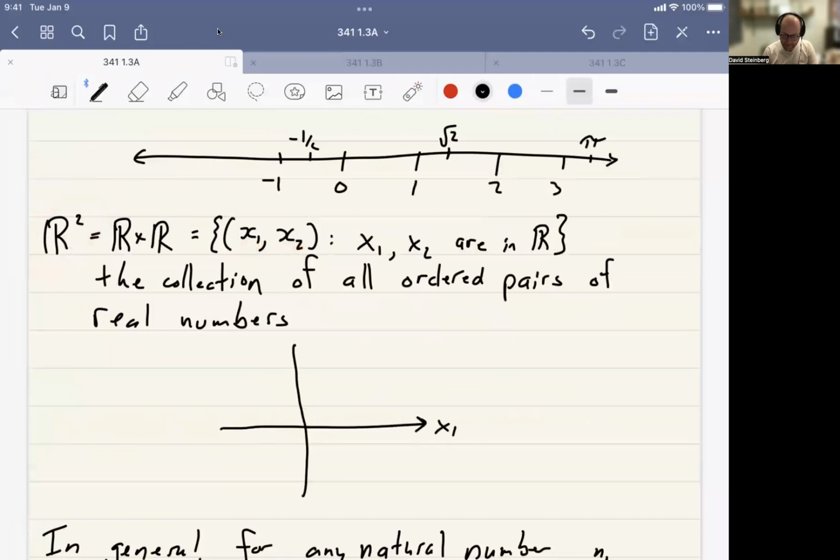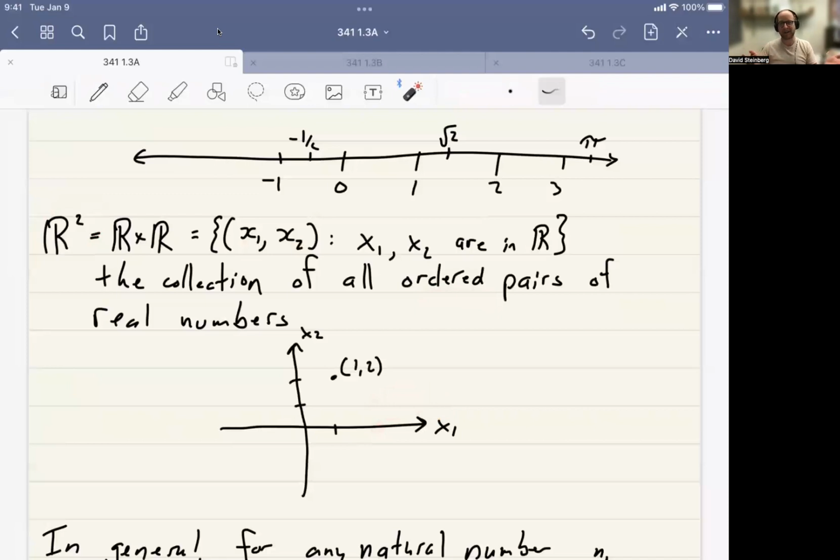So our x1 axis, our x2 axis, and the point 1, 2 is represented by the ordered pair over 1, up 2. Where again, of course, with ordered pairs, the order matters, right? 2, 1 would be over here. Okay, so these are maybe familiar already.